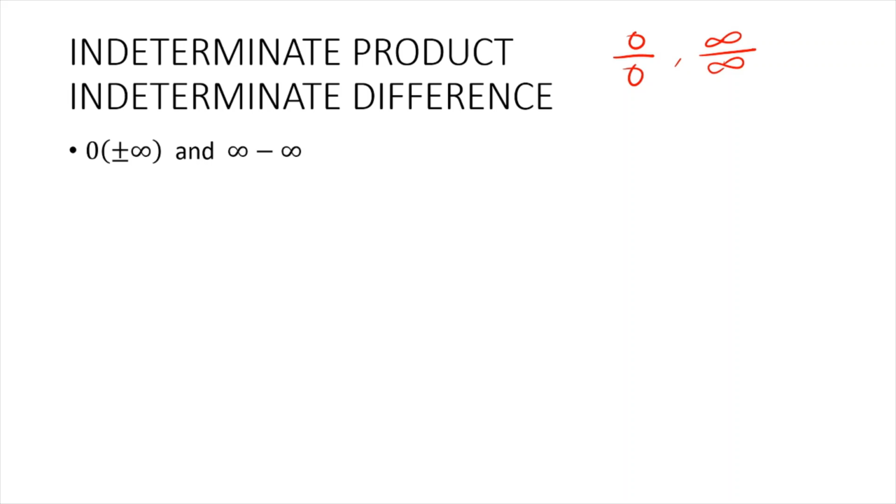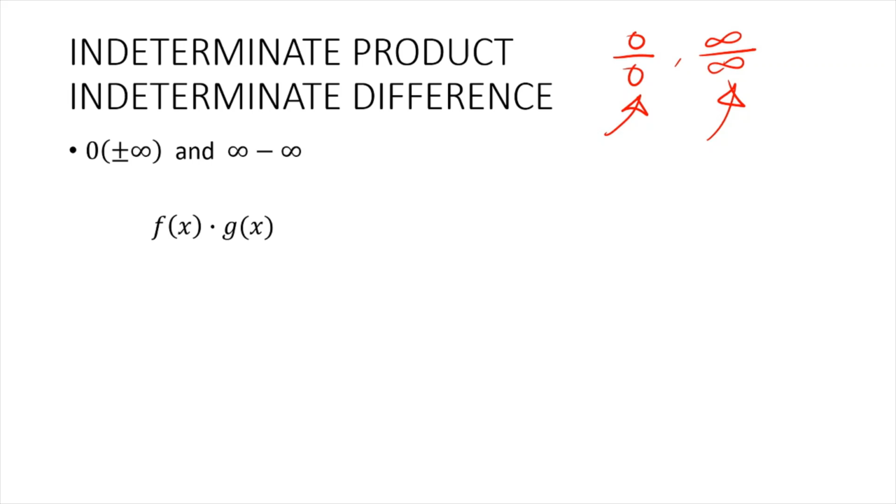Okay, so for us to apply L'Hopital's rule for indeterminate products and indeterminate differences, we have to manipulate the expressions so as to transform them to these forms. Okay, for instance, we have 0 times positive or negative infinity. This is actually a product of two expressions or two functions, right? So for instance, f of x times g of x.